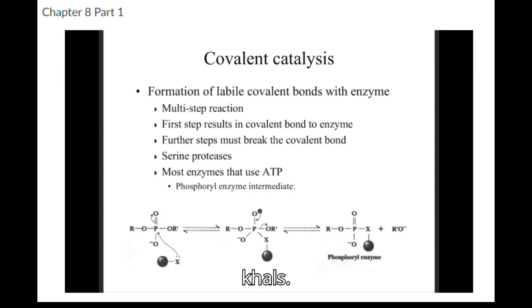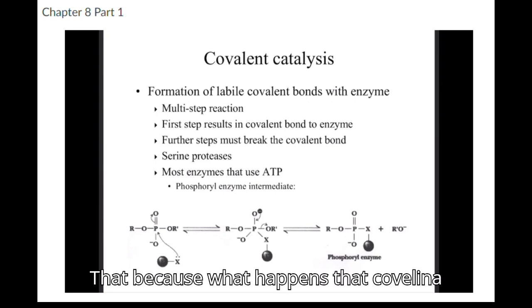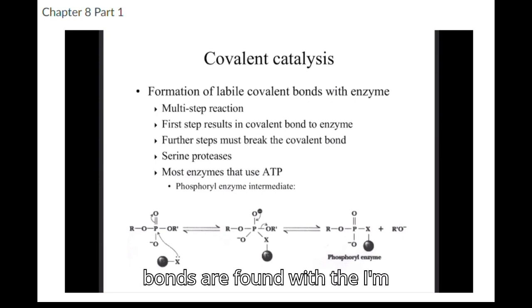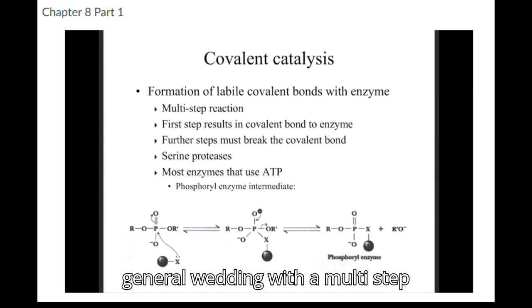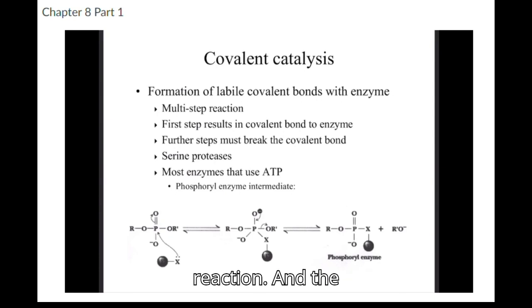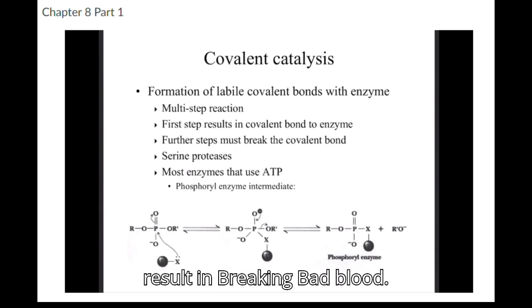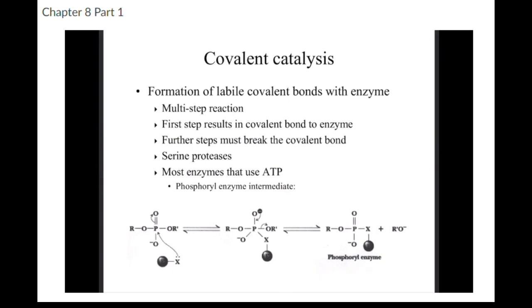Covalent catalysis is a great example of that, because covalent bonds are formed with the enzyme over the course of the reaction. In general, we're dealing with a multi-step reaction, and the first step results in formation of those bonds, while some sort of subsequent steps result in breaking of that bond.